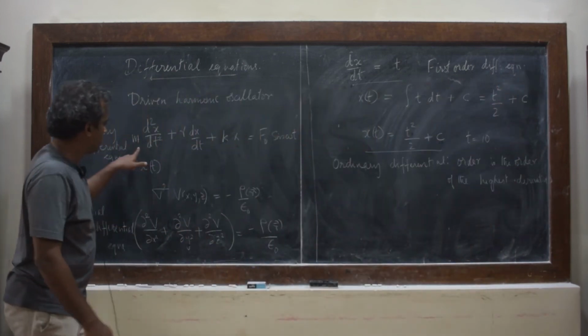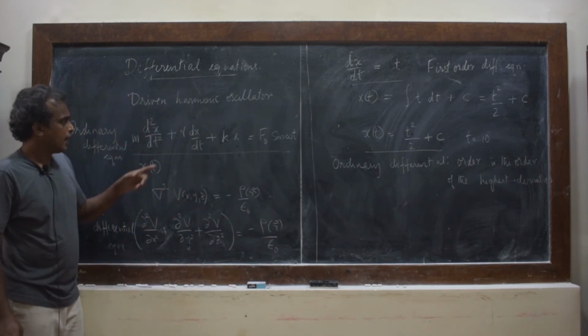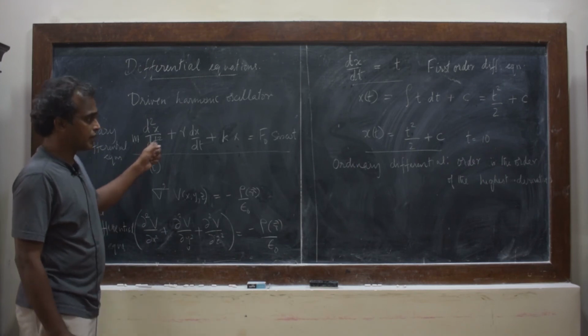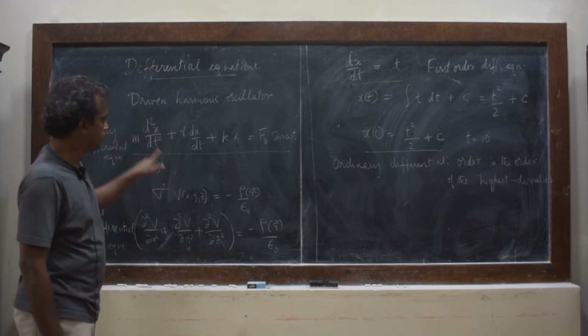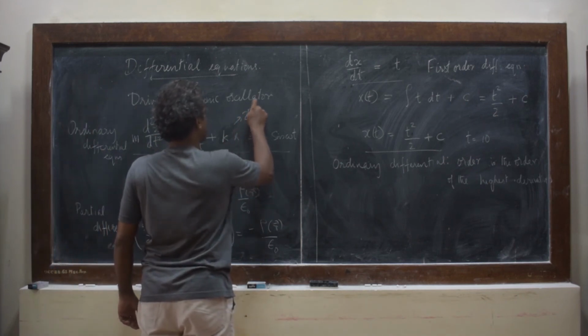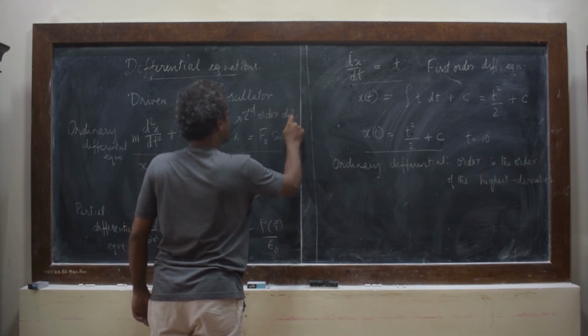On the other hand, this equation that I had written down initially has as its highest order derivative a second order derivative of x with respect to t. Hence, this would be classified as a second order differential equation.